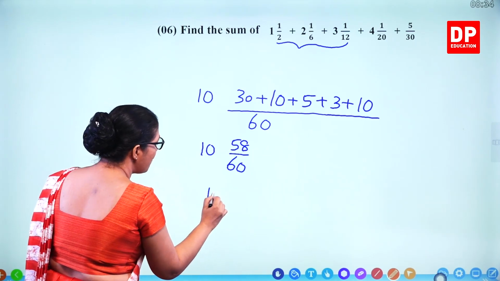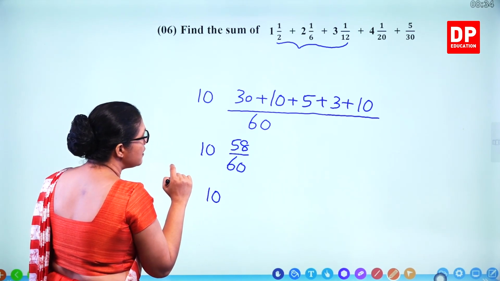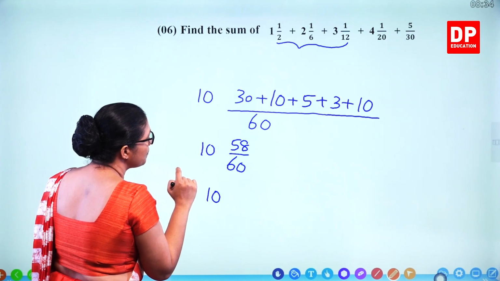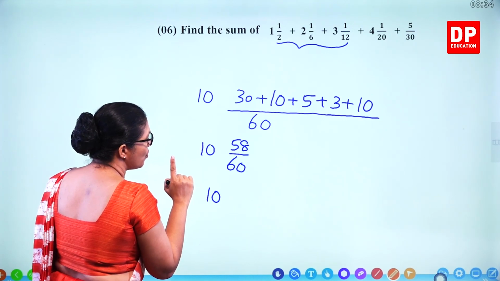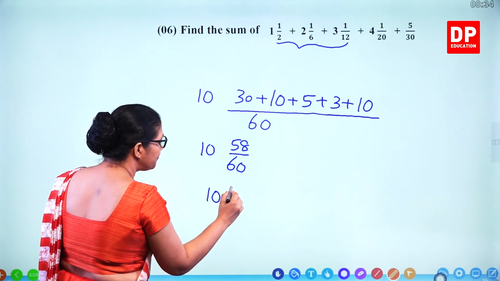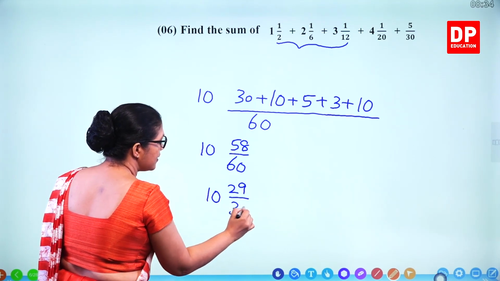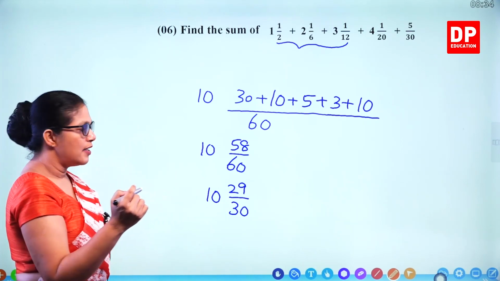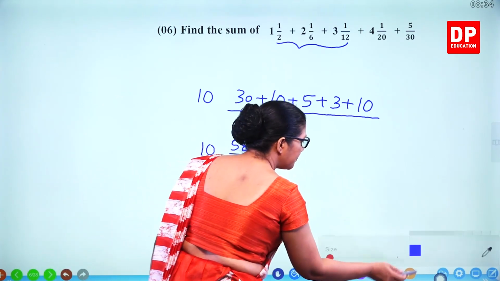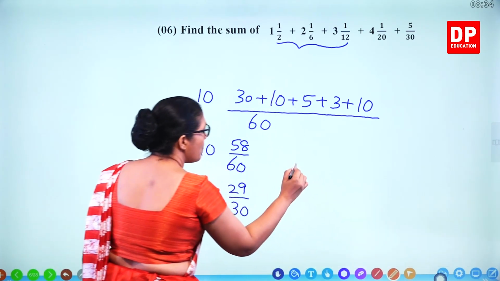Or you can simplify further. Divide by 4, you can't. So divide by 2. 29 and 30. So you can write 10 and 29 over 30. So 2 marks for that.